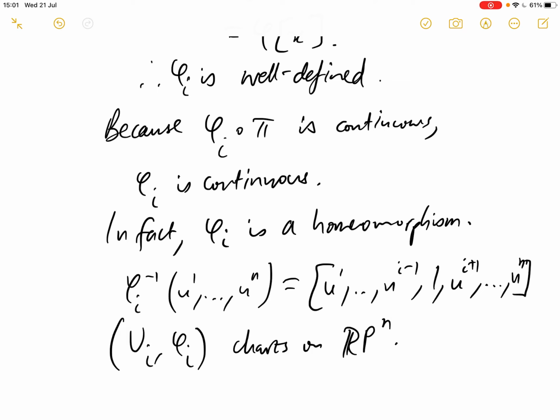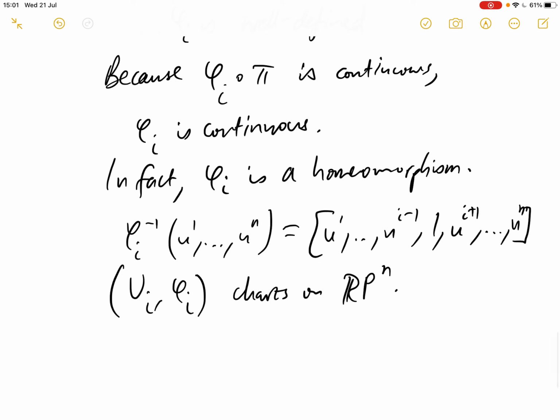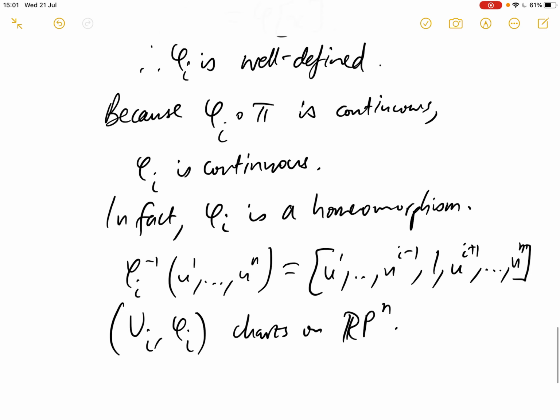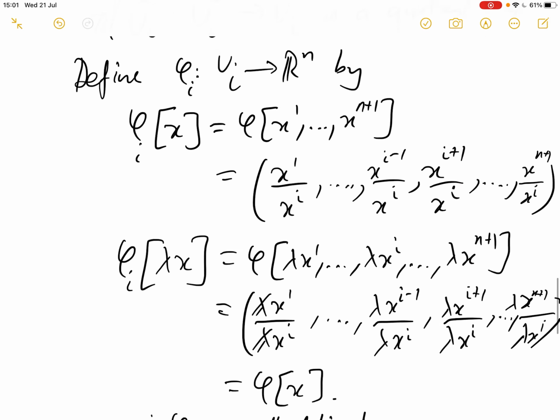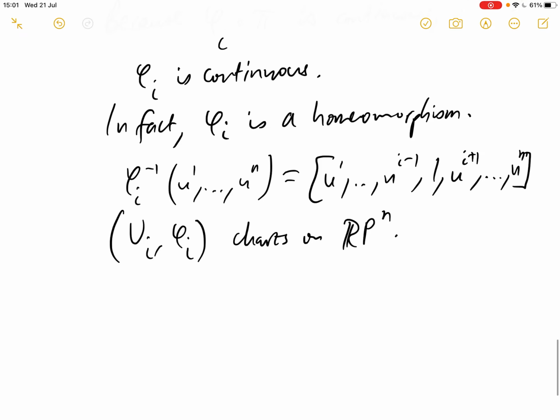So the only thing left to do now is to explain why RP^n is second countable. Each of these U_i, we've shown, is homeomorphic to an open subset of R^n, in fact homeomorphic to R^n itself. And we know R^n is second countable, and therefore each of the U_i is second countable.